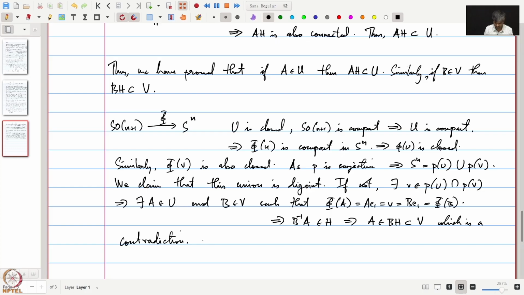Yeah. So thus we have written, if SO(n+1) is disconnected, then S^n is going to be phi of U disjoint union phi of V. Right? We can write it as a disjoint union of non-empty closed subsets, which means it will also be the disjoint union of non-empty open subsets, which means S^n will be disconnected. Yeah? But this contradicts the fact that we have seen before that S^n is connected.